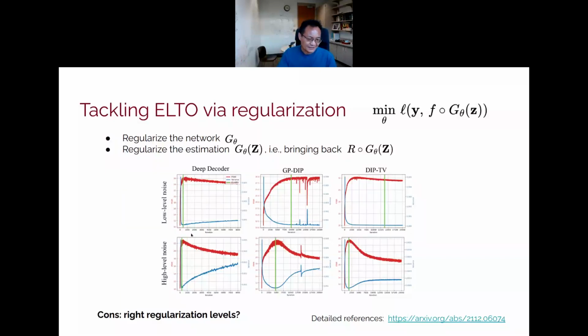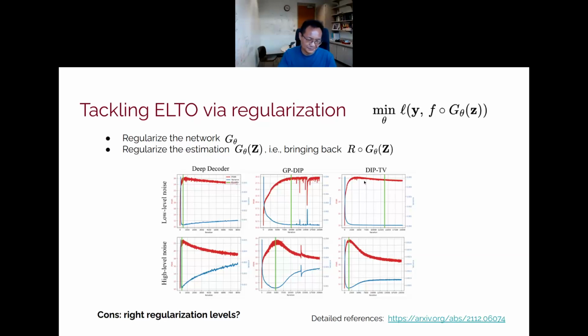But unfortunately, the tricky thing is that whenever you have regularization, the regularization parameters depend on the noise level. So here I show a simple, quick example. You just need to pay attention to the red curves. The top row here is showing, for low-level noise, for these different kinds of ideas for doing the regularization, you almost get rid of the overfitting, right?